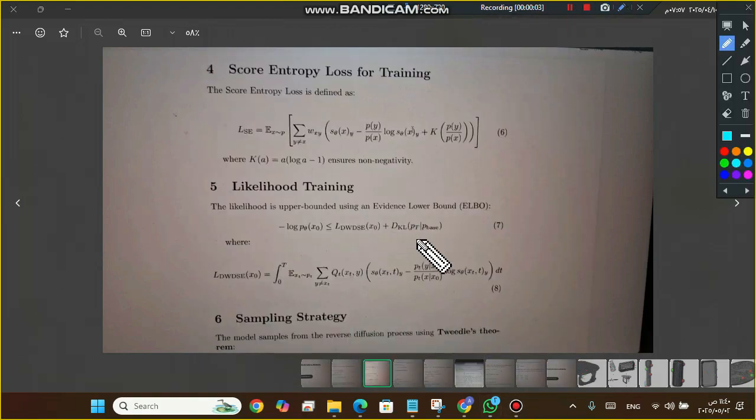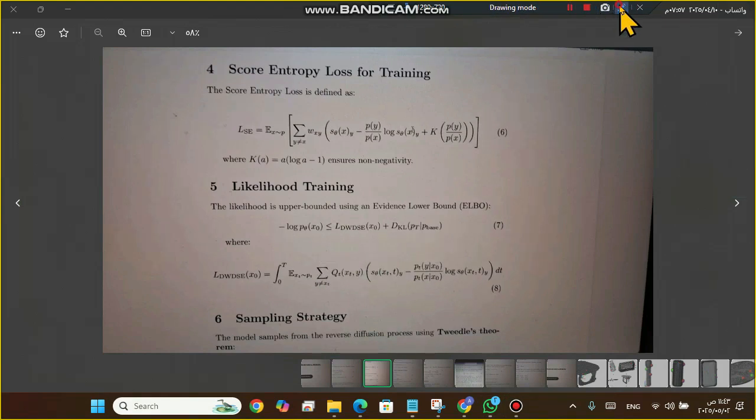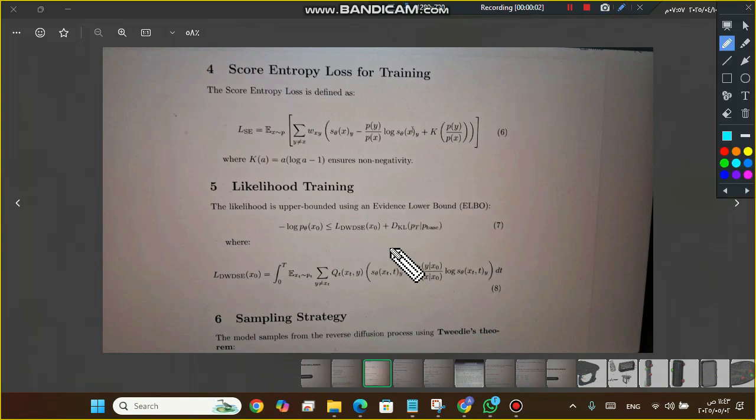All right, so let's answer some questions. The first question is, where did this inequality come from? So, what is this inequality in the first place? We will rely on this inequality in our training, because in our training we will be trying to minimize this negative log over here.